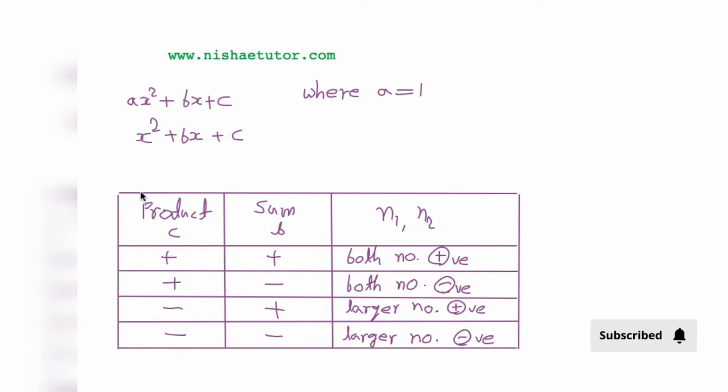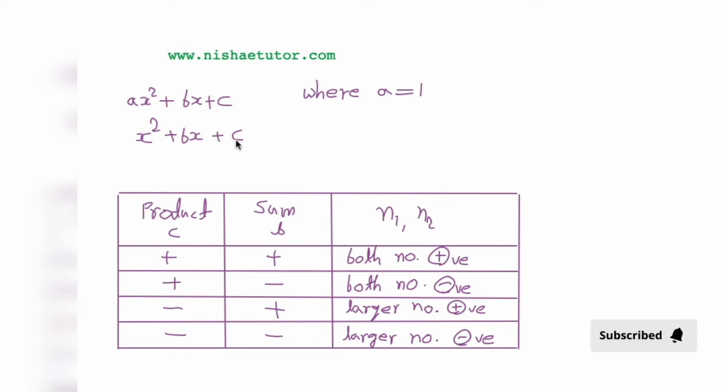I made a table, which is very useful to check which sign you have to take. Product is C, sum is B, and we take two numbers n1 and n2. If product is positive and sum is positive, both numbers are positive.